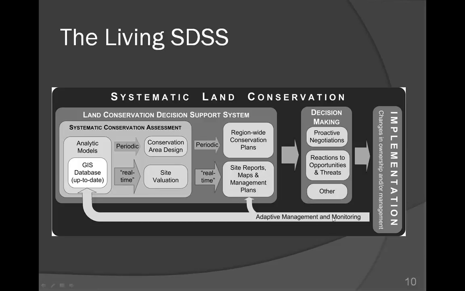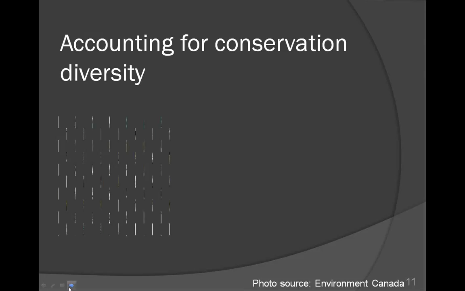So you can imagine not only is adaptive management and monitoring feeding into this, but there should be another arrow coming to this direction, which is all the other new data arriving to this changing world that we live in.